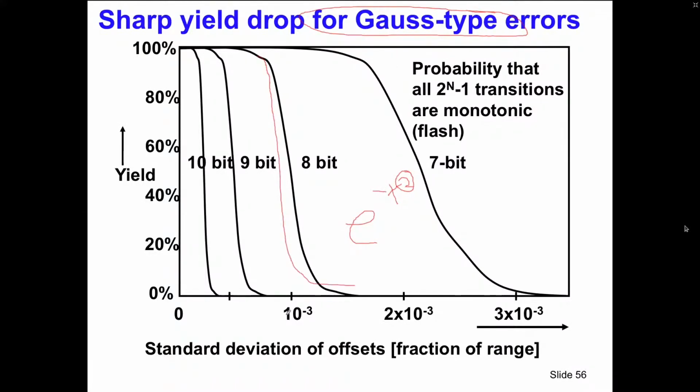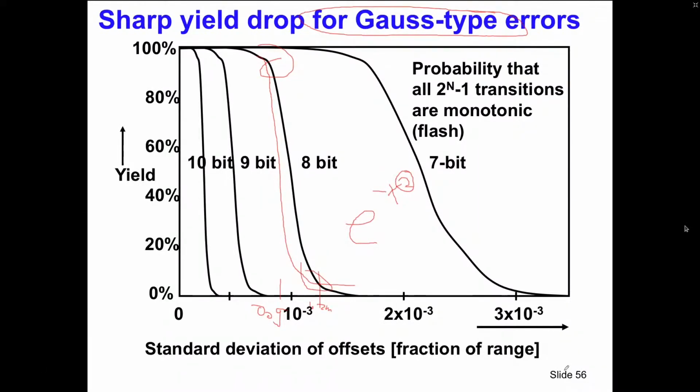As you can see here, for instance, this is the offset of a comparator, and here you are at an offset of say 0.9 millivolt, and you still have here 95% yield. Here you are at an offset of about 1.2 millivolt, and you've got nothing.